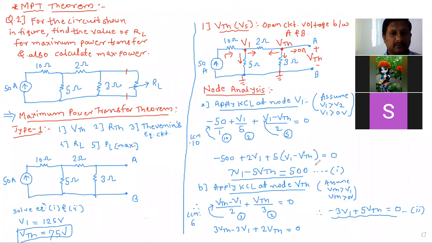So kindly read it all, how I got the VTH. I will give 15 seconds. If any doubt, any questions will be there, you can ask. Then we can move towards calculating the RTH.